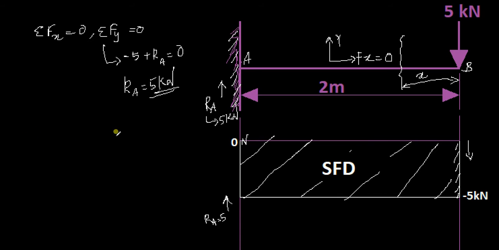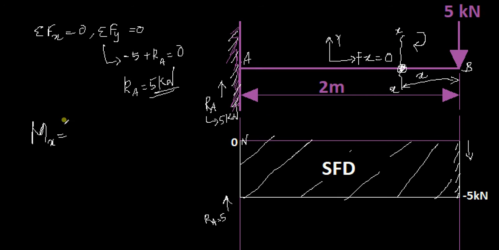We're going to take the moment about this point. Moment about X is equal to the load acting, which is 5 kilonewton downwards, creating a clockwise moment, and therefore this will be treated as a negative moment, and it is acting at a distance x from this section, section x.